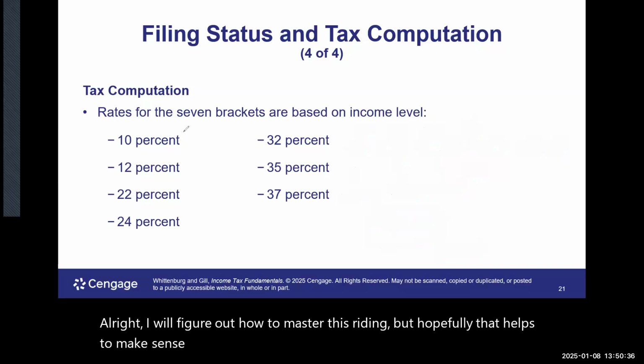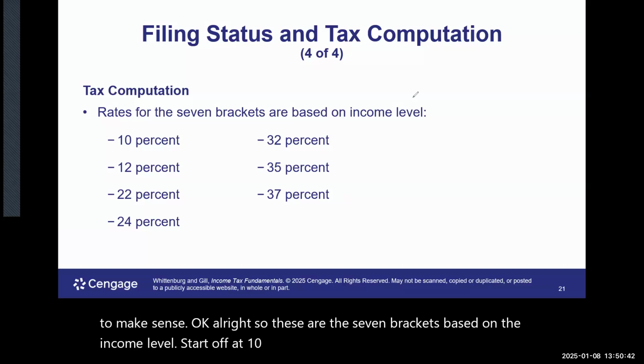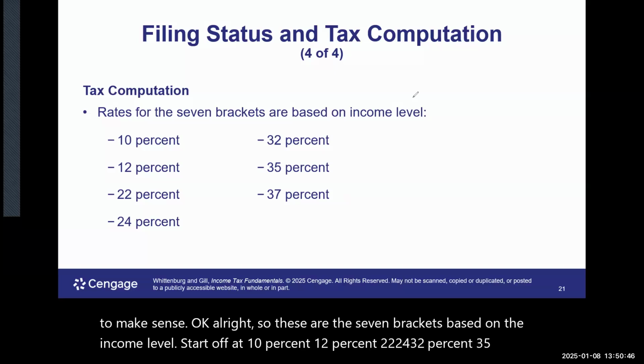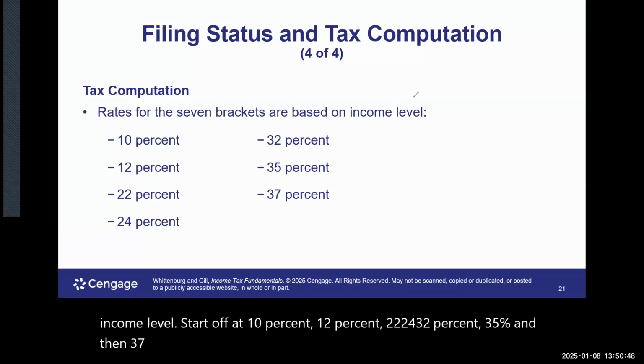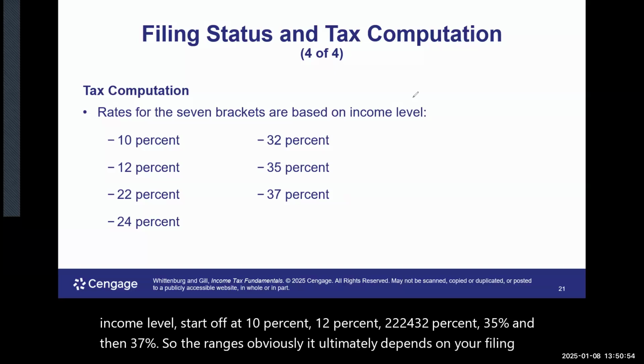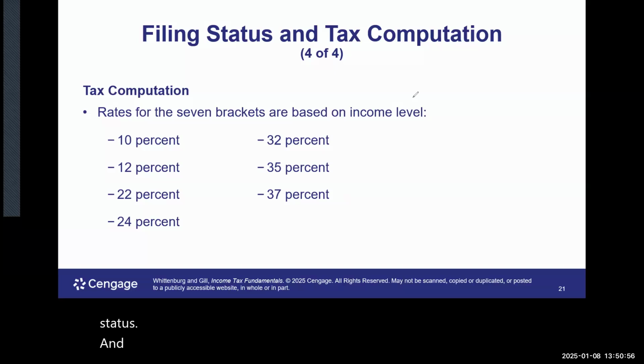So these are the 7 brackets based on the income level: 10%, 12%, 22%, 24%, 32%, 35%, and then 37%. The ranges ultimately depend on your filing status, and that determines what the income ranges are.